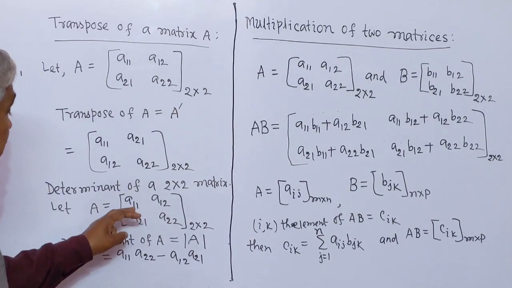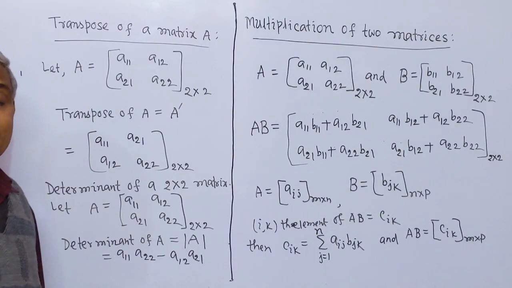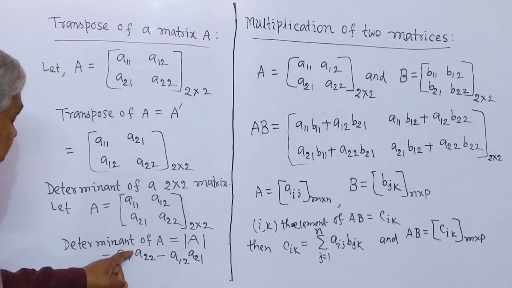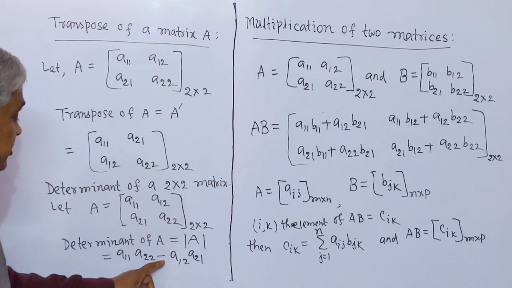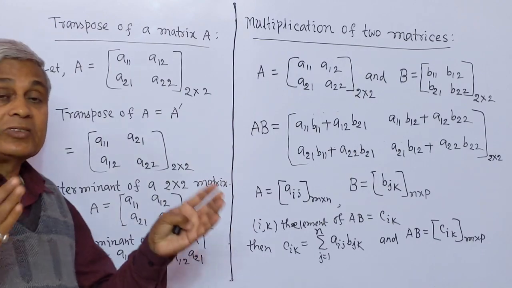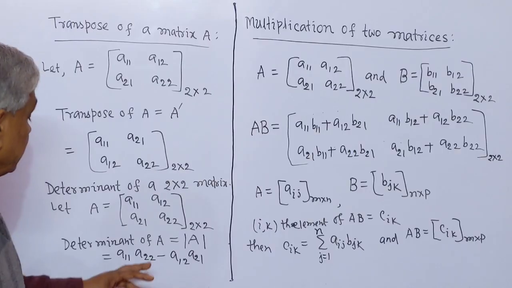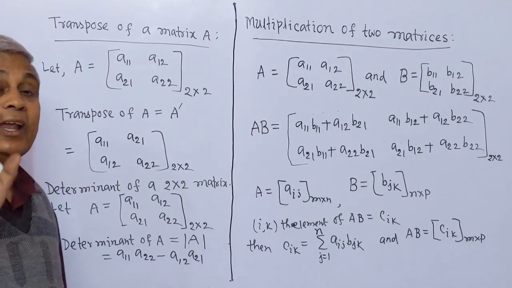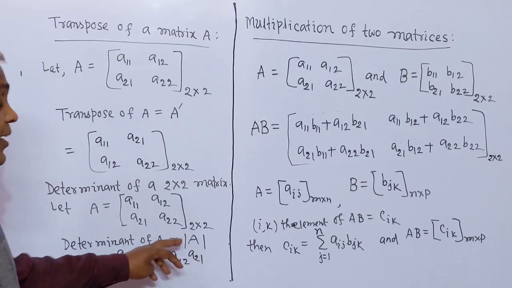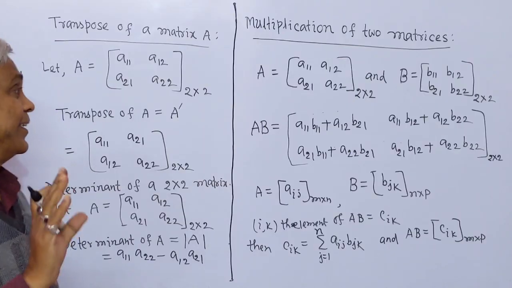Since the elements of A are real or complex, here we have multiplication and here subtraction of real or complex numbers. So this value will be real or complex. So the determinant of a matrix is a real or complex valued function.